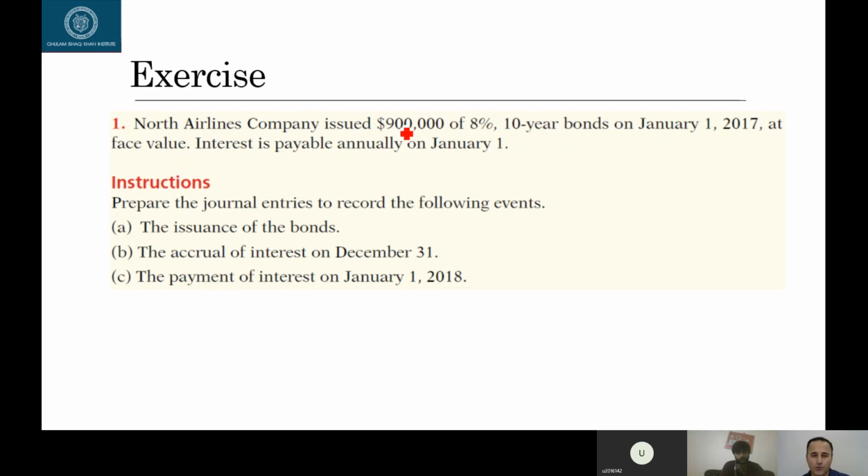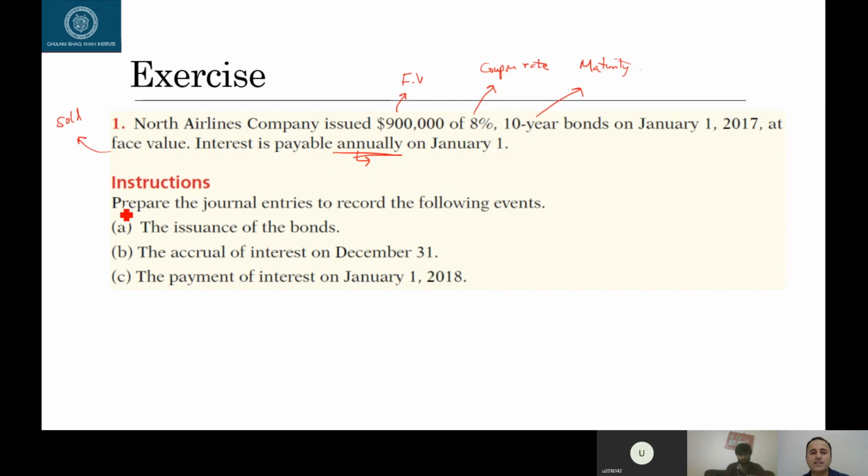If I'm solving this problem, I'll mark those. This is my face value, this is my coupon rate, this is my maturity. Another important piece of information is that it was sold at face value. Interest is payable annually. This is again important information, so at least I will highlight it.